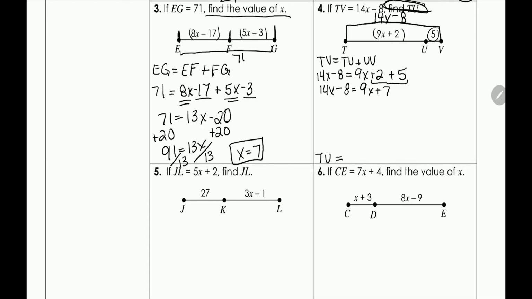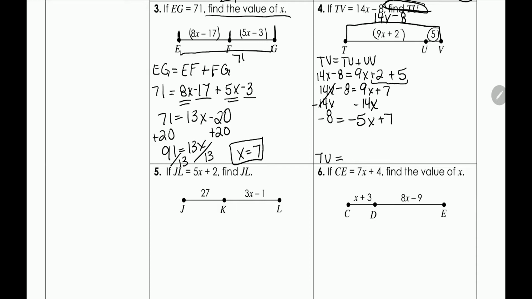Okay, so we have this 14x minus 8 equals 9x plus 7. I'll go ahead and subtract the 14x to the other side. You can subtract the 9x if you'd rather. It doesn't matter which way you do it, you'll get the same answer. So that's going to cancel, giving us negative 8 equals 9 minus 14 is going to give us negative 5x on this side. We still have this plus 7.